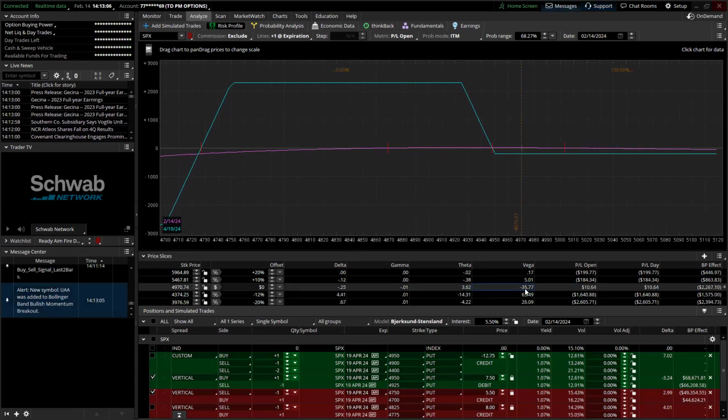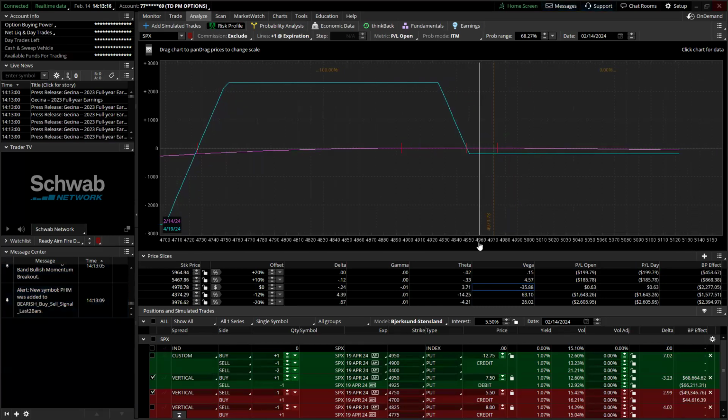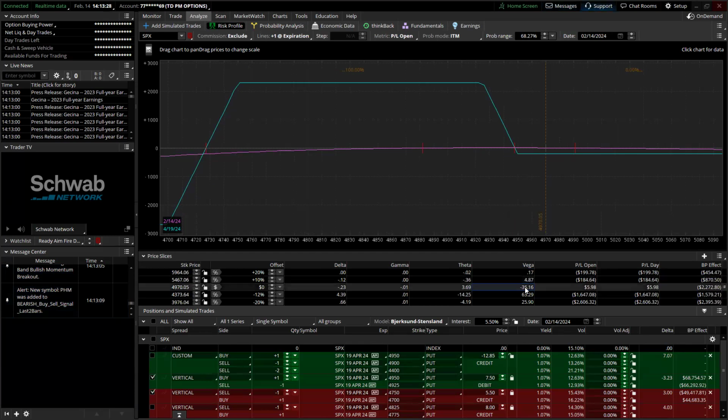So if IV goes up, this trade is going to lose money, which means your T+0 is going to get pushed lower. Assuming that over time volatility is going to decay and the value of all these options is going to decay, negative vega is going to play in our favor.